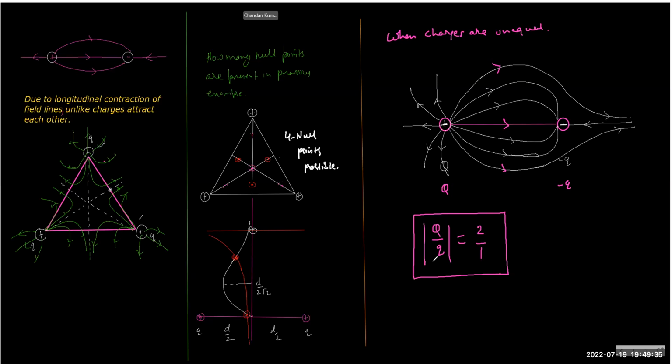Because the zero must be near the smaller charge. The nearer the poorer, right? We have done this in equilibrium. So the field will be zero on the right of -2. So we can say a null point will be found on the right of -2.